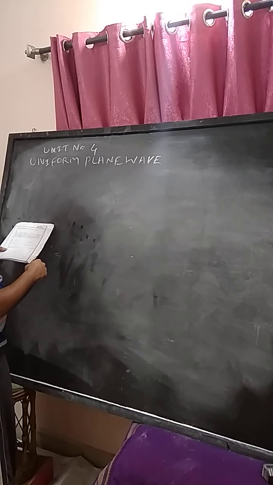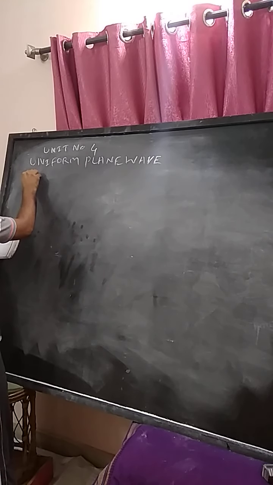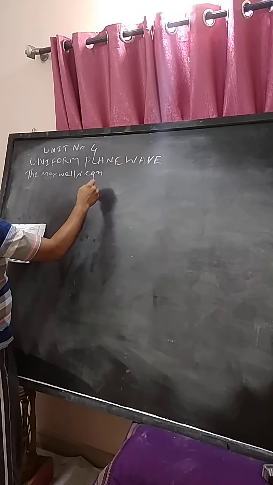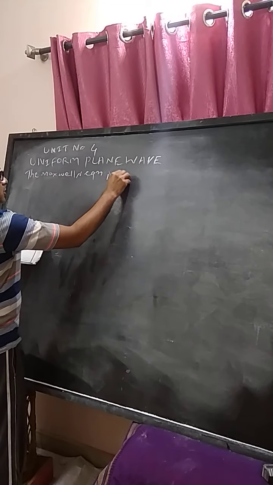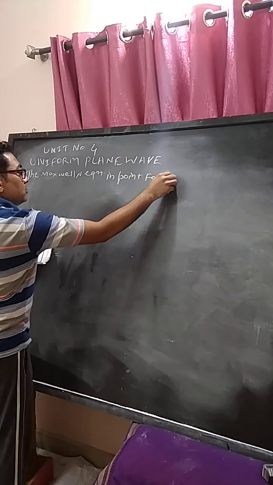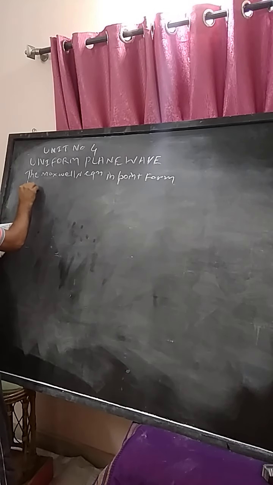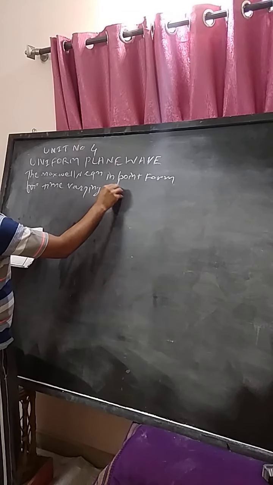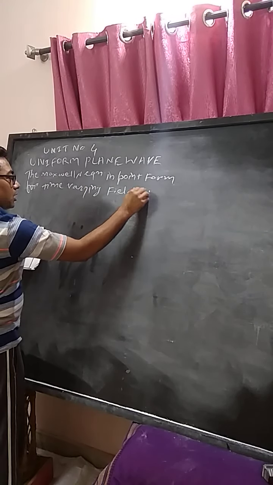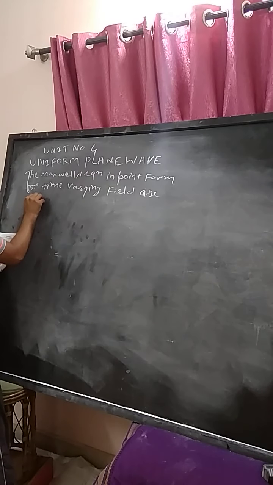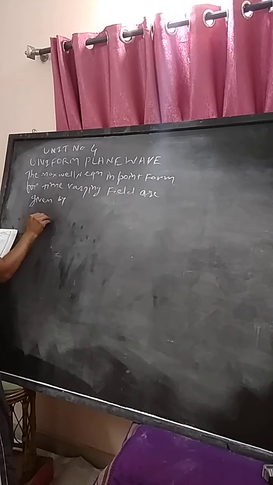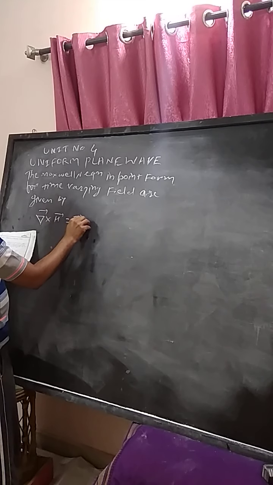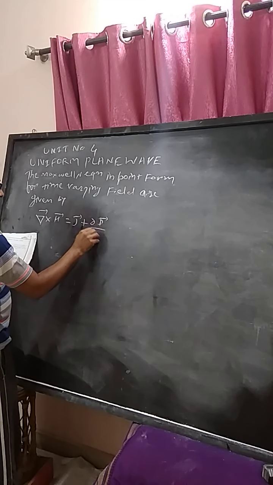So I am recalling here the Maxwell's equations in point form for time varying fields, which are given by curl of H vector equal to J vector plus del D vector divided by del T.